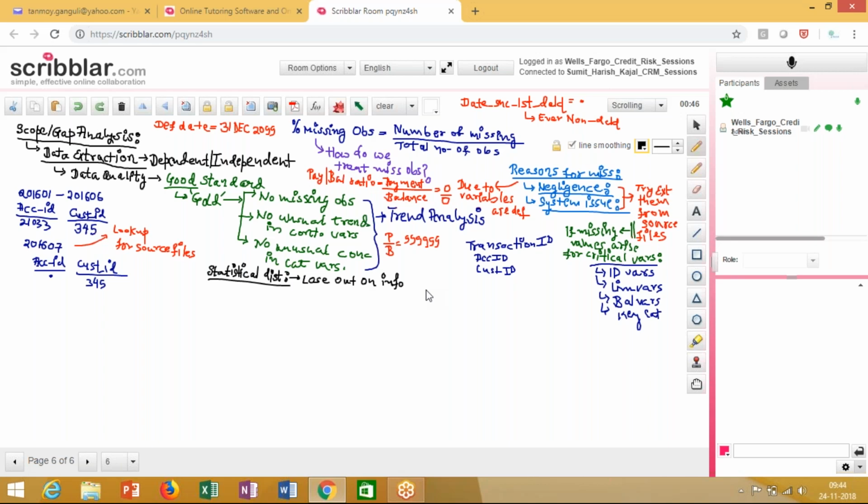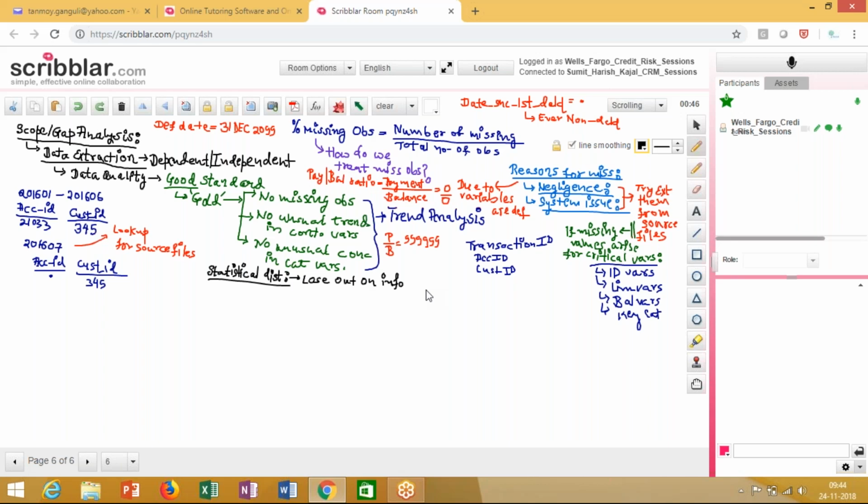Otherwise, the plain treatment is, if you have missing observations in most of the variables, you just drop that observation. If a variable has a huge concentration of missing observations at multiple points of time, then it is dropped.